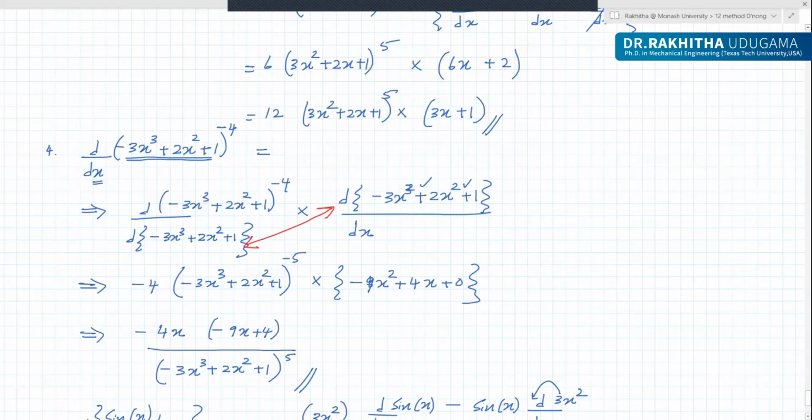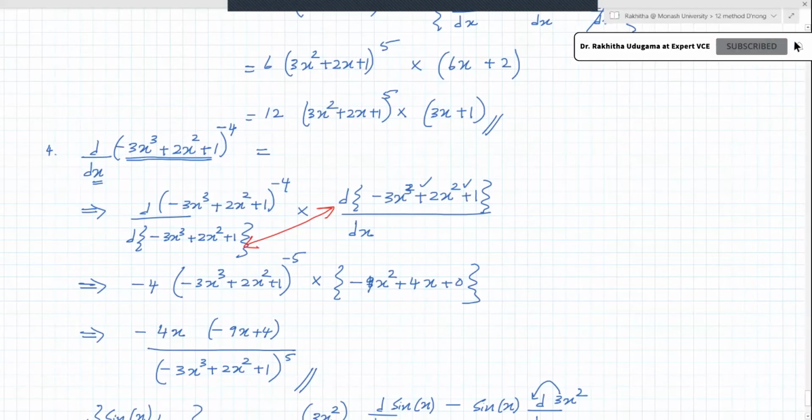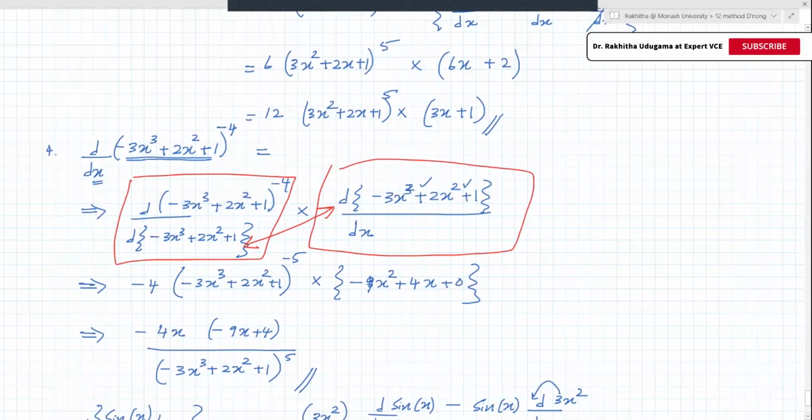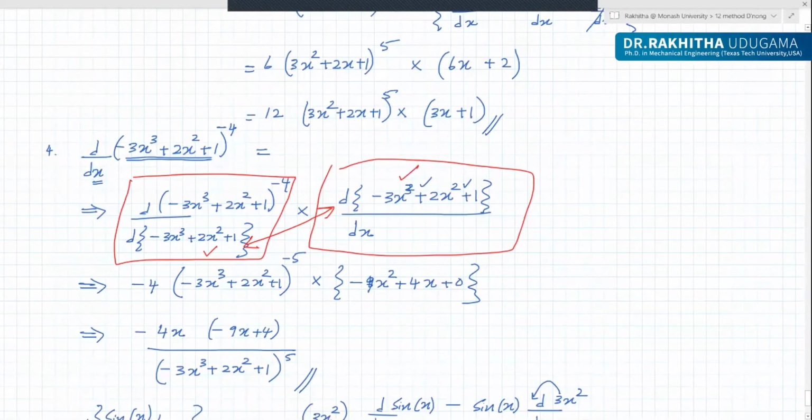Why? Because due to this MJ construction, you have a chain type of behavior. If you consider this to be one loop and this to be another loop, these two loops are connected by using this guy and that guy, same thing. That's why people call this the chain rule. It's a chain.